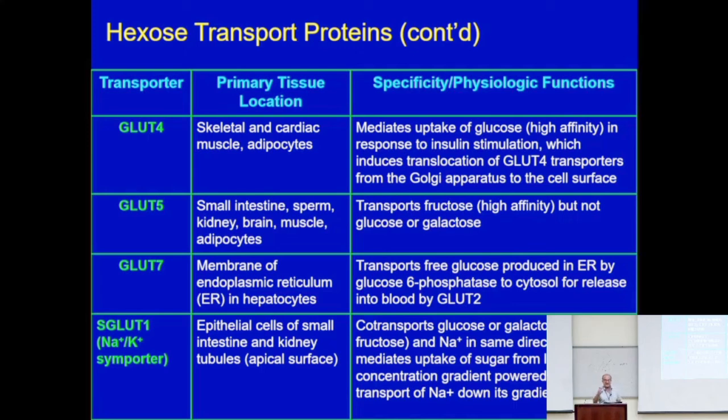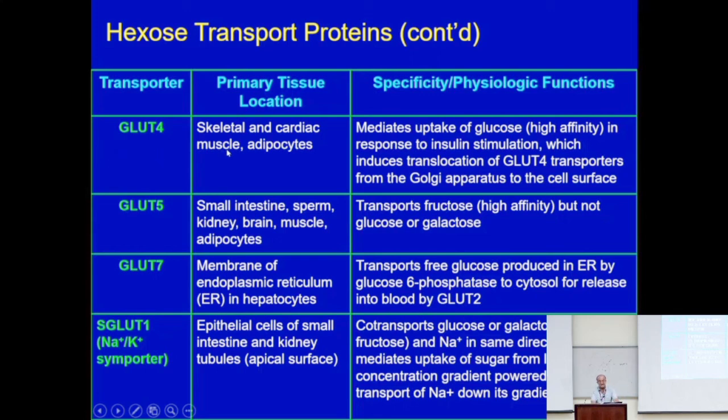How much transporter is present in these tissues depends on the presence of insulin. Just as a big general thing, insulin promotes the increase of the number of GLUT4 transporters in these tissues.